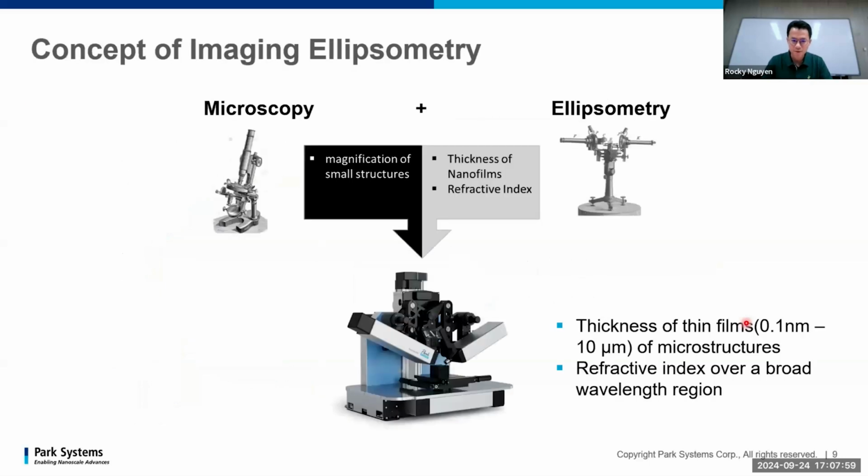So let me explain a little bit about the concept of imaging ellipsometry. Imaging ellipsometry combines the measurement capabilities of conventional ellipsometry and the imaging capability of optical microscopy. Thanks to this, imaging ellipsometry can image the surface at a very high lateral resolution.